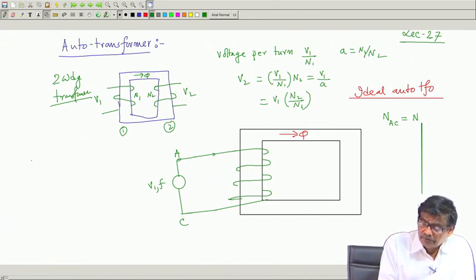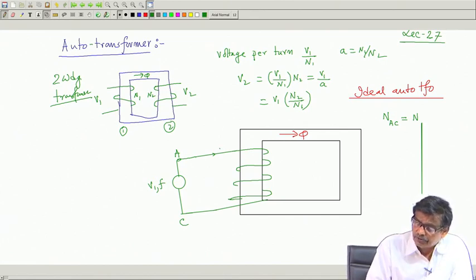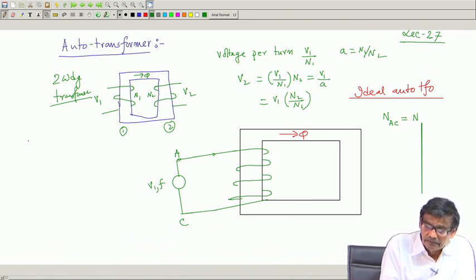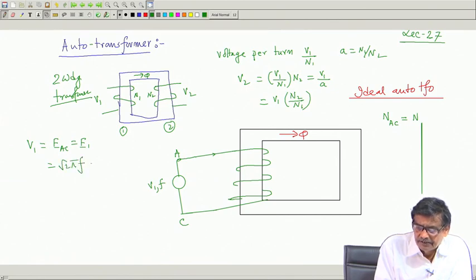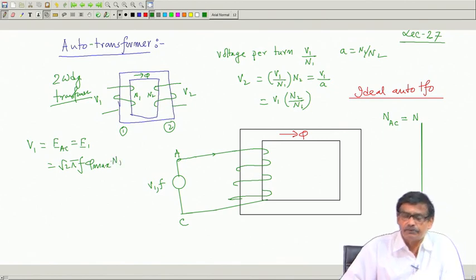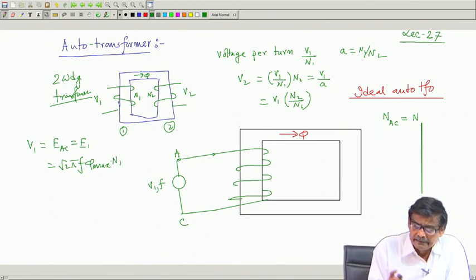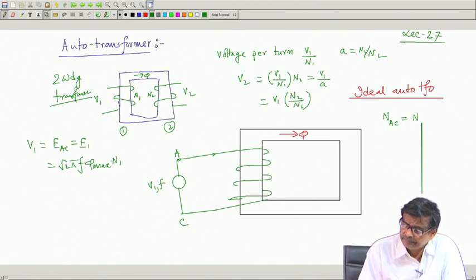So, you know the applied voltage and induced voltage between these 2 points will be V1 is equal to EAC, induced voltage, that is E1 say, and this is equal to root 2 pi f phi max into N1. We know this is what happens, and that is it.